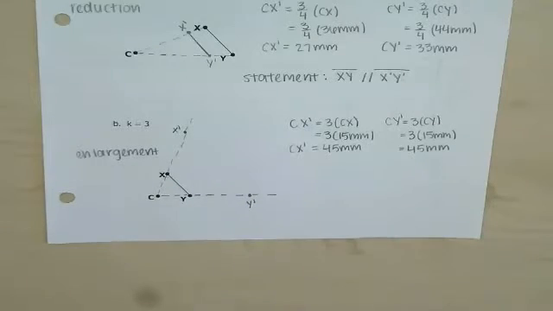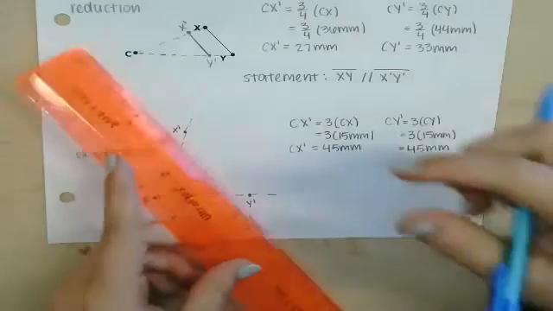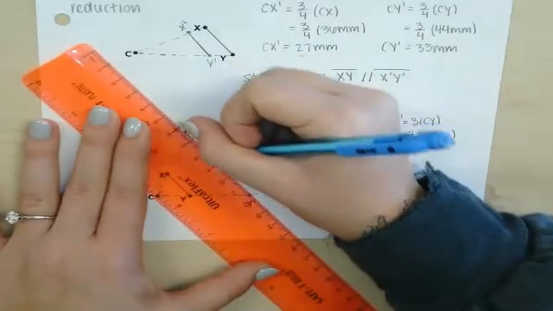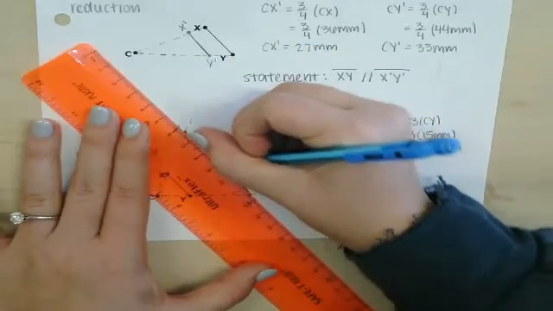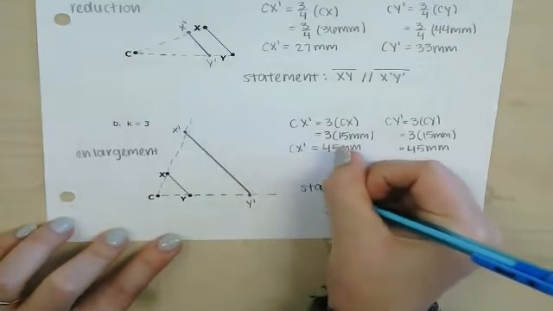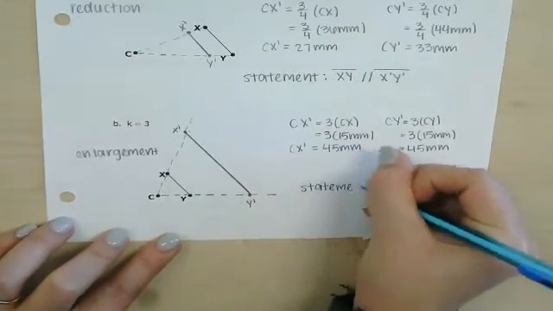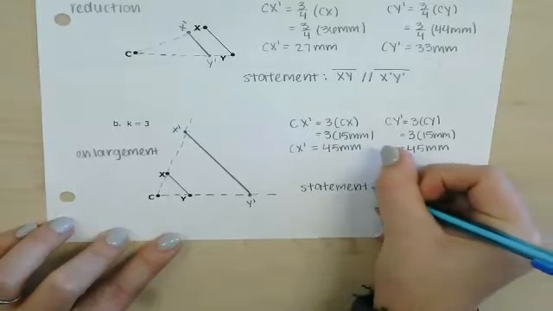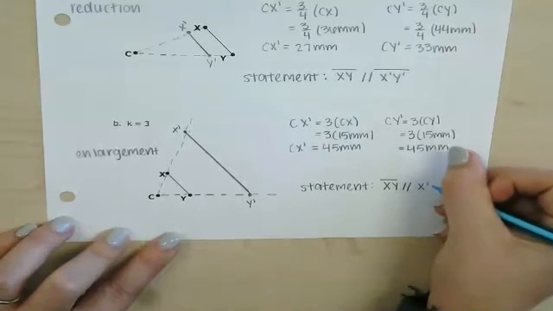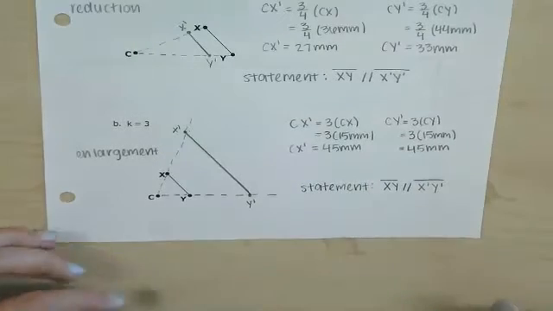Okay, and then our last step is to take our ruler and use it as a straight edge to connect your X prime and your Y prime. Okay, and we could also make the same statement here, that the original line segment XY is parallel to our new line segment X prime Y prime.